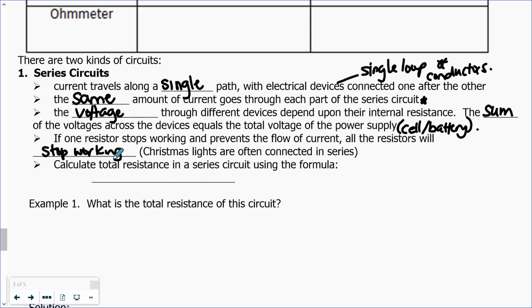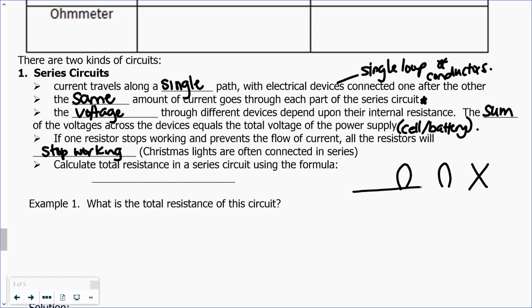I think more now it's actually hooked up in parallel than in series, but Christmas lights are often connected in series. If you put Christmas lights around your tree, we've all had the one strand that doesn't light up. You actually don't know which of those bulbs is broken and not allowing current through, because it's not like one bulb lights up, then one is dead, and all the ones after it are dead.